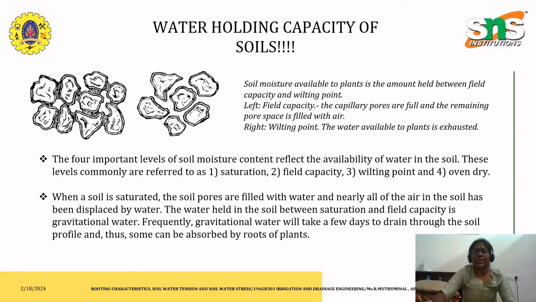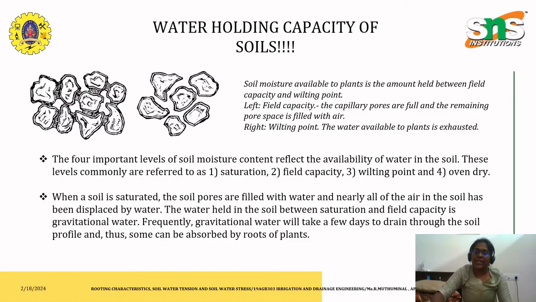Whenever the soil is saturated, it means the soil particles are joined together, and the voids, the pores, are filled with water, and nearly all of the air in the soil has been displaced by water. That means we are replacing the air with water.